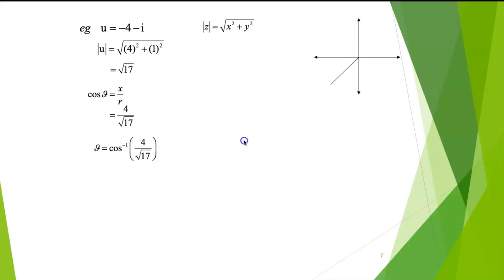You get theta 0.245, obviously in radians. Now, because we're dealing with radians, you'll have to do pi plus that. That gives me the angle in radians. Then writing it will be just the modulus cis the angle in radians. You can use degrees, then it will be 180 plus that.